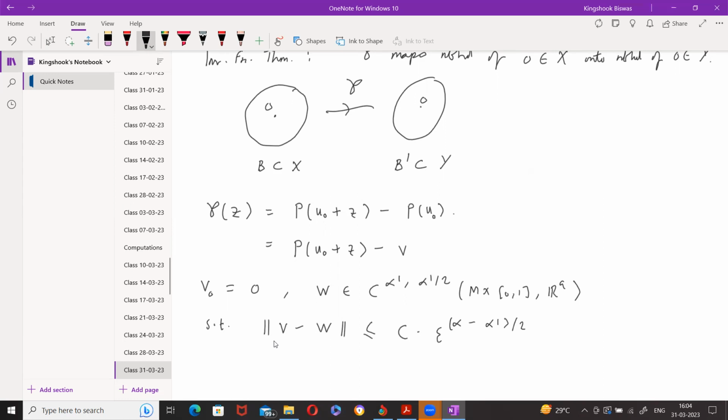So this is less than some delta. Let's suppose that in Y, this is a ball of radius delta. So I map onto a ball of radius delta here. So I can choose this epsilon small enough so that this becomes less than delta for epsilon small, right?